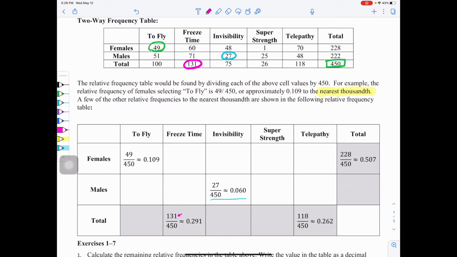So let's do one more live in action here so you can see what you should have chosen. Let's do freeze time for females. So if I look at freeze time for females, that's a total of 60. That becomes the numerator. The denominator is our total surveyed, so that's 450. Then I would go on my calculator and divide those two values.